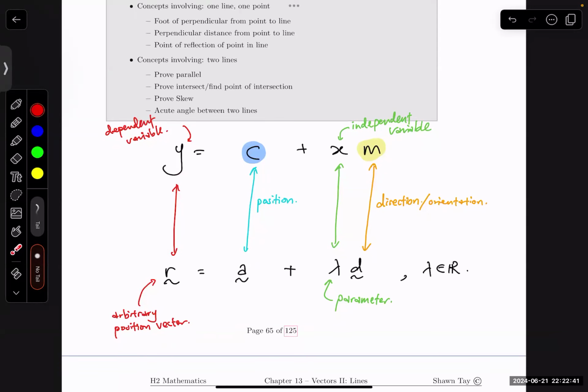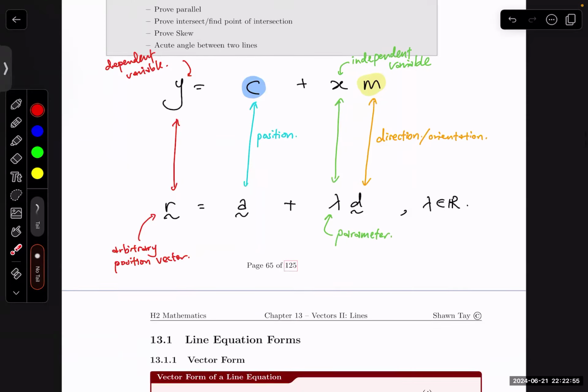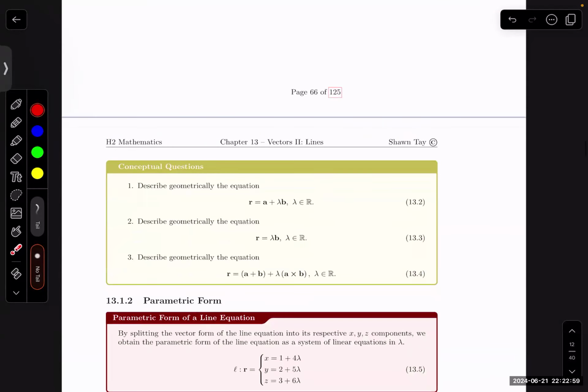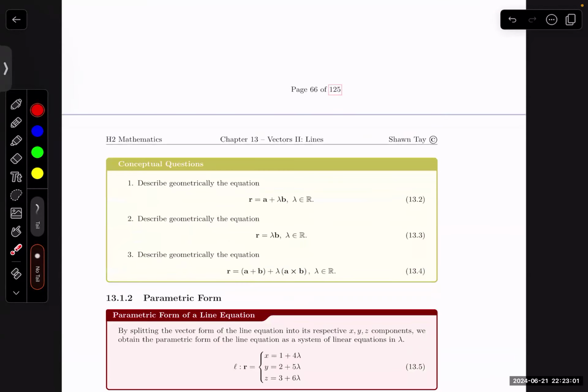So the important part of this equation is really the points described by this vector R, this arbitrary position vector. If I ask you what the interpretation or geometrical interpretation is of this equation, the first thing you should say is not a line. You shouldn't say that it's a line.